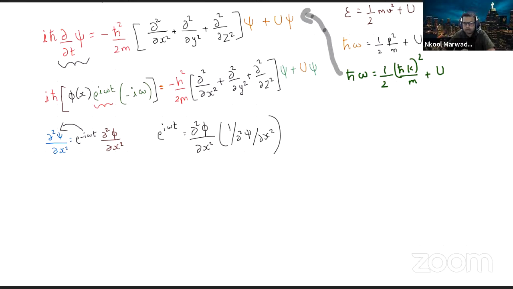Now I used very basic maths. We know that if 1 is equal to e to the power of minus i omega t, and I take this here, I'm dividing it, like 1 upon e to the power of i omega t, is equal to something like minus into minus. Now I know that 1 by x is equal to x to the power of minus 1. Let me write it properly.